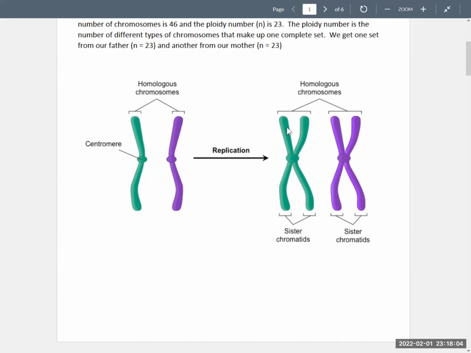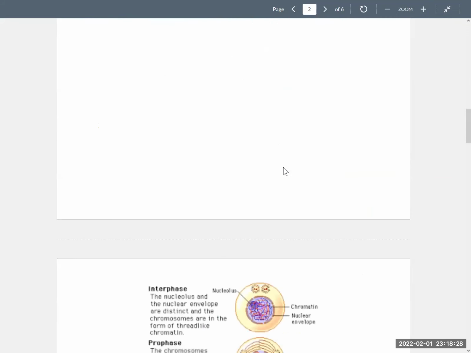This one may shuffle with this one. How's it going to reach way over there? These are not stationary on a piece of paper. They float. This one can turn, float over, turn upside down, and touch this one and this one. So all of the chromatids can exchange genetic information.